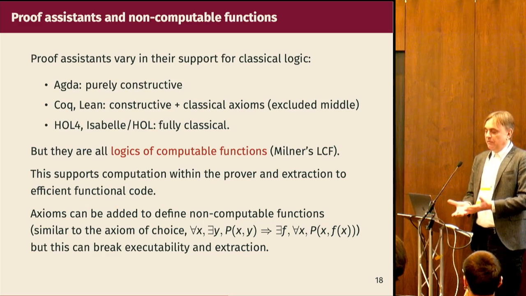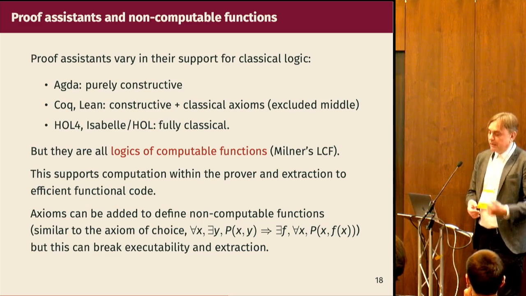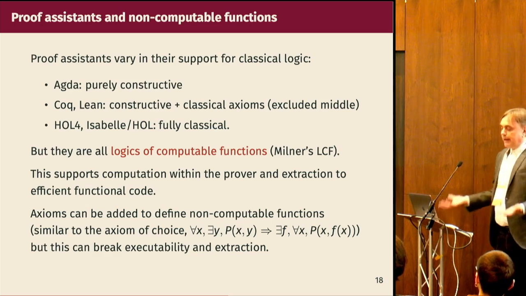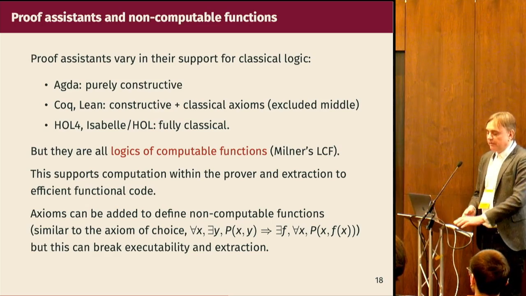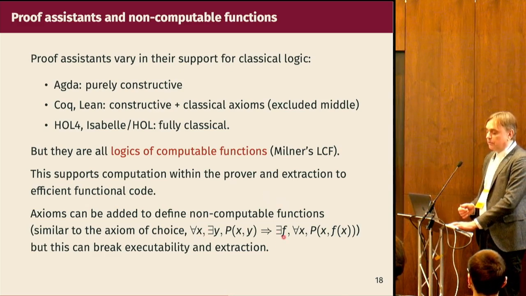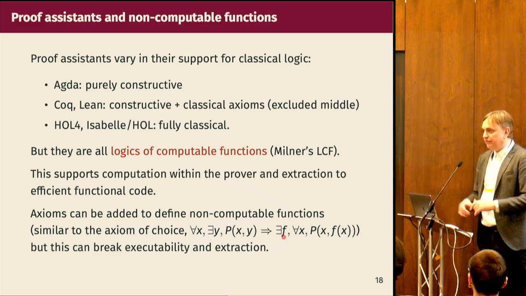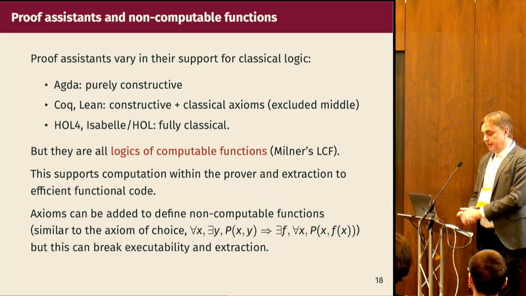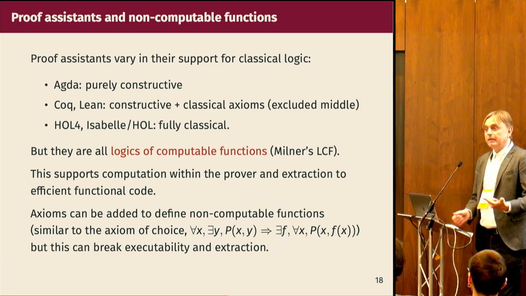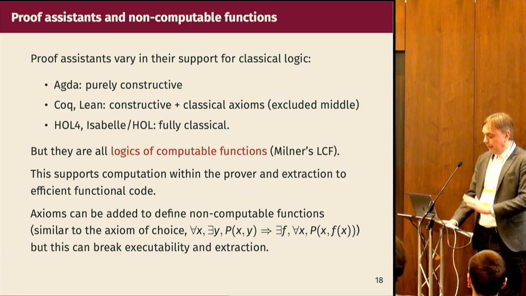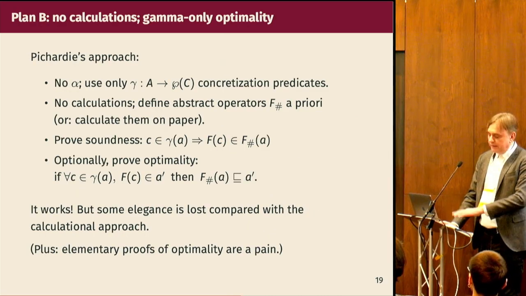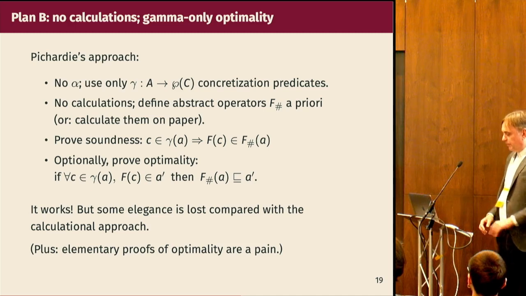And having computable functions is great. That supports computation within the prover, extraction to efficient functional code. And of course, you can always add axioms to define non-computable functions. The axioms of description, which are similar to the axiom of choice, also give you the existence of a magic function f. But again, this tends to break executability in the prover and the ability to extract code. So it's frowned upon. And as we'll see, it doesn't really help actually for the alpha.